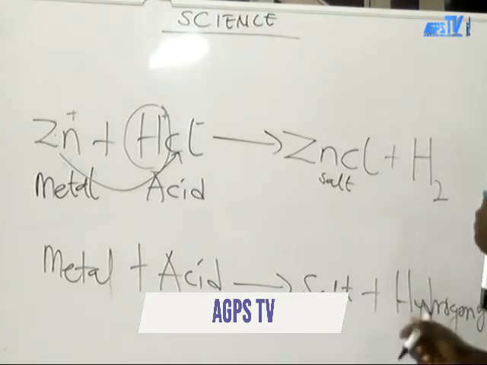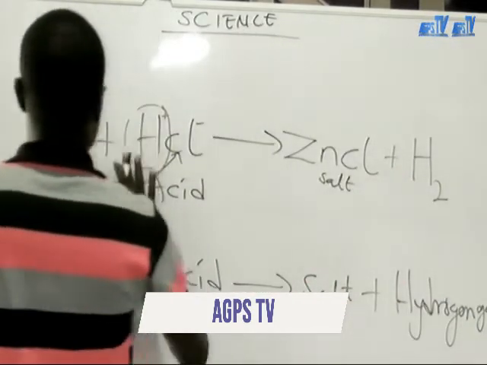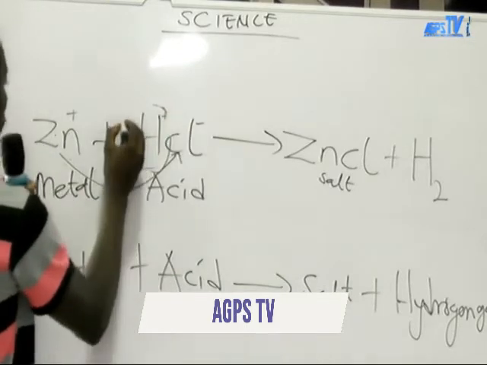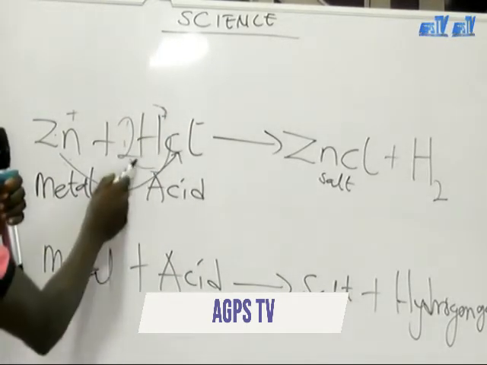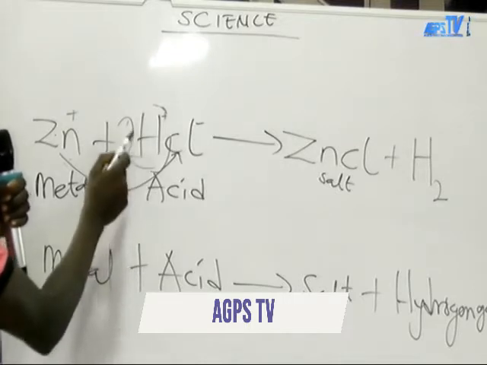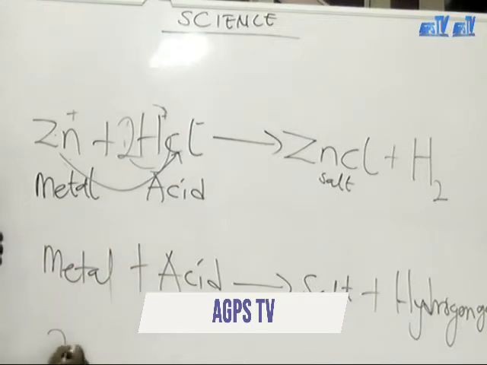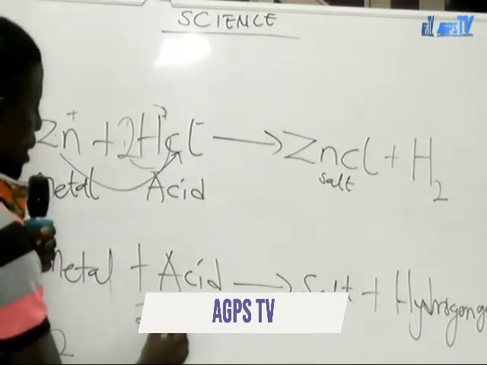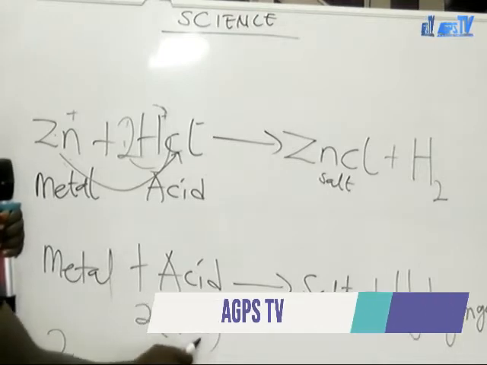If you want to balance this chemical equation, you add 2 here. You write 2 in front of this compound so that we can get 2 atoms of hydrogen here. This 2 is multiplying what is in the compound. It's like 2 into bracket HCl. So here you get 2 atoms of hydrogen and 2 atoms of chlorine.